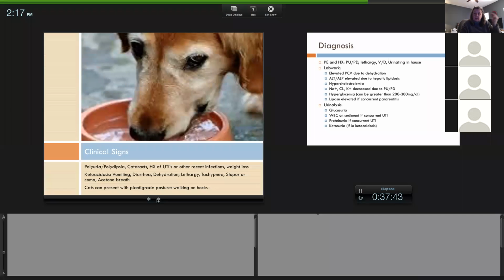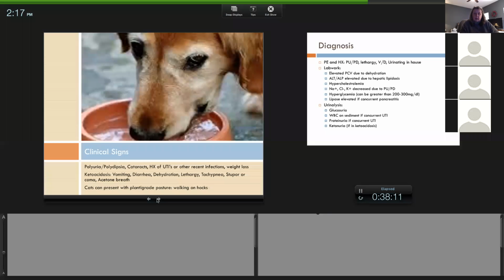So any elevation in sugar tends to put them at risk for recent infections, skin infections, scooting near their vulva and having excess discharge. But UTIs are a really common accompanying clinical sign. So: recent UTI, cloudy eyes, PUPD, except that they're losing weight, so they tend to start to lose a little bit of weight.